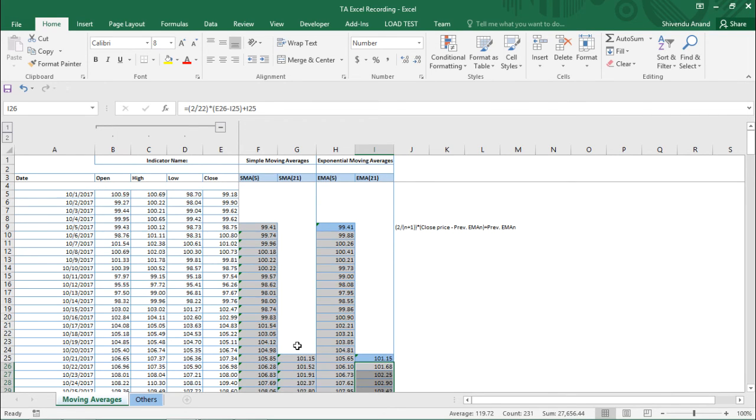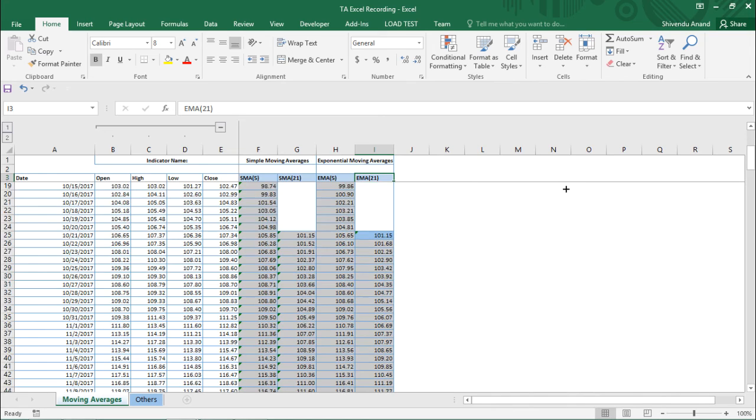So you have just seen how to calculate simple moving average and exponential moving average. We saw how do we calculate simple moving average for 5 days, we saw how do we calculate simple moving average for 21 days, and we saw how do we calculate EMA for 5 days, that is your exponential moving averages, and exponential moving averages for 21 days.